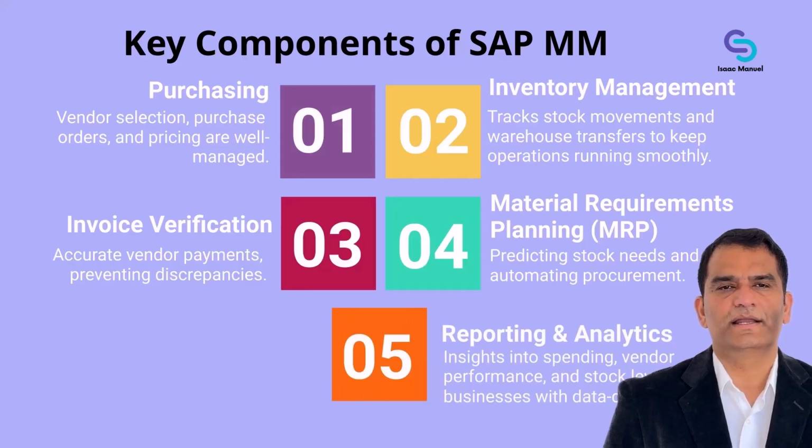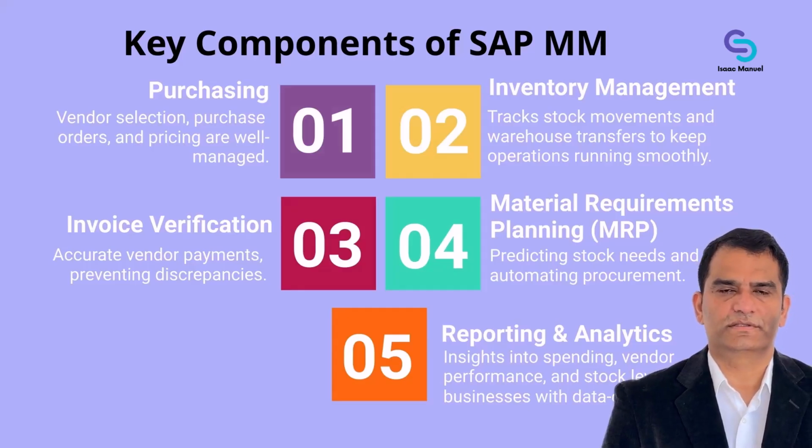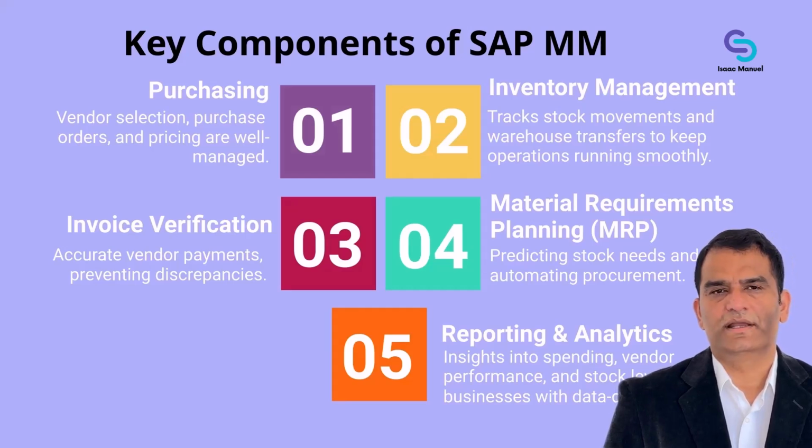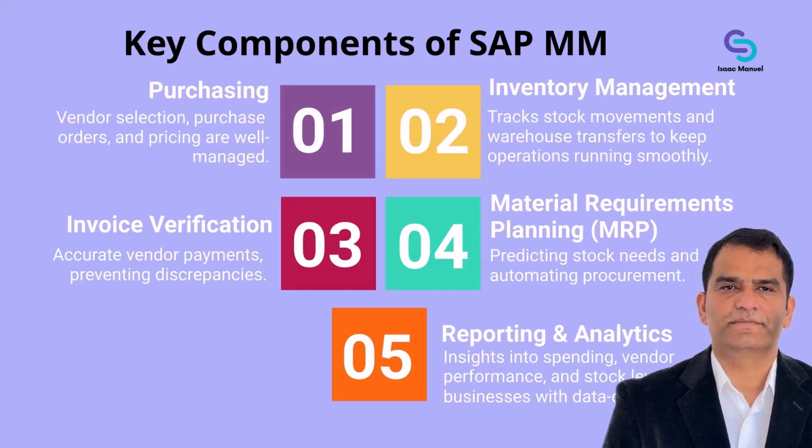Lastly, reporting and analytics provides invaluable insights into spending patterns, vendor performance, and inventory levels, empowering businesses to make informed, data-driven decisions. Together, these essential components form the core of SAP MM, optimizing material management processes from start to finish.